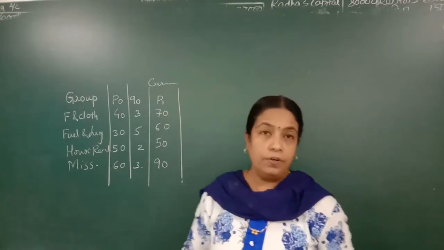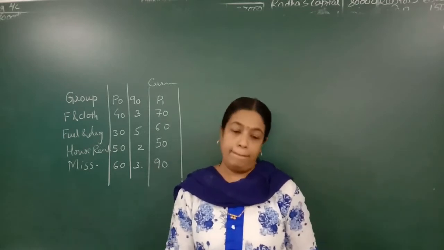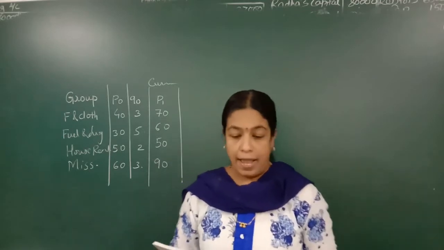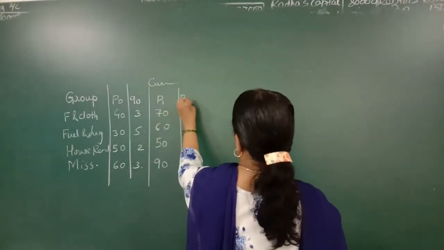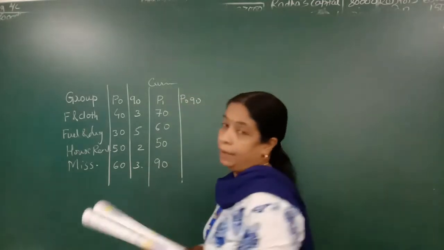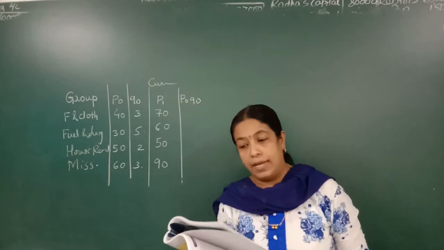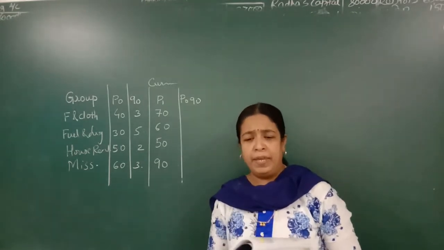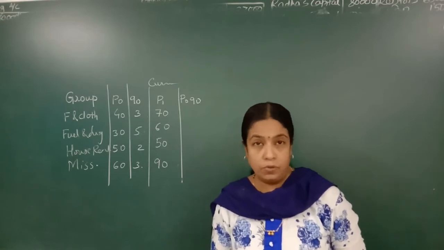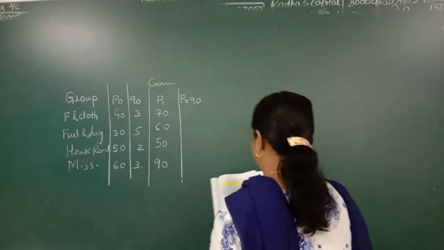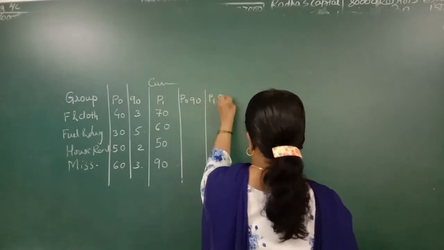Now, we want to find by which method? Aggregative expenditure method. We shall use aggregative. Now, for that, see here, second method, you will say why we are not using the second method. We can use the second method also, but here P0, P1 and Q0 are given. Okay, so directly we can use that P0, Q0 and P1, Q0.